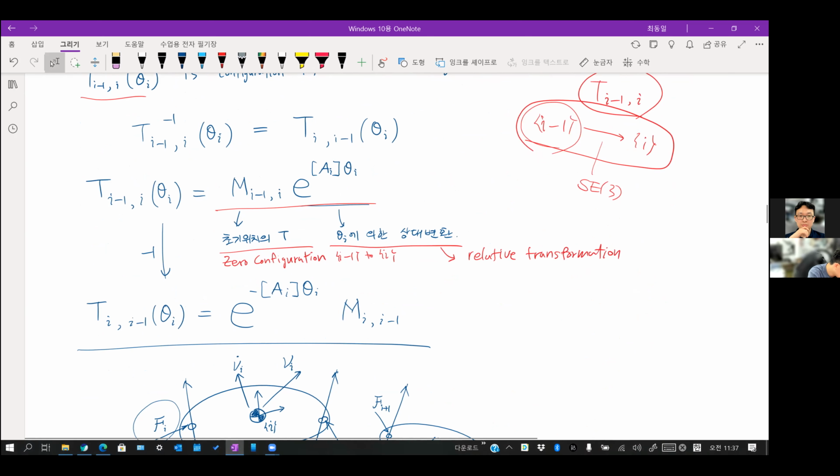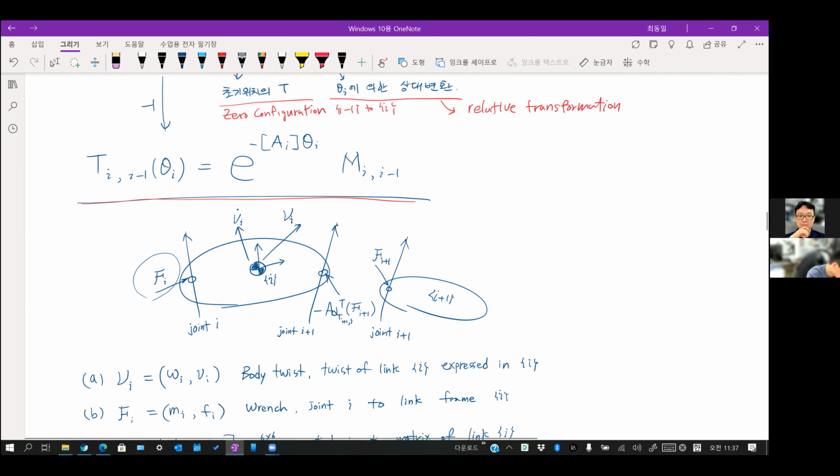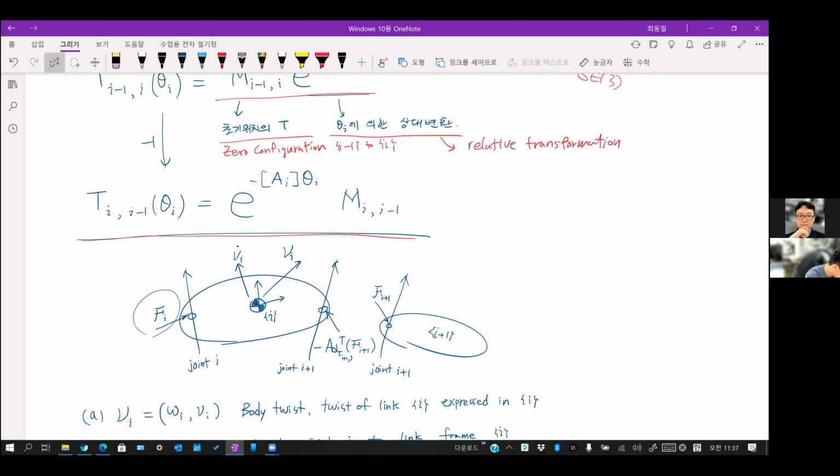So if we take the inverse of this one, then we can use the transposition and the inverse here, and the inverse becomes minus in the exponential coordinate. The reason we use this concept will be explained later. So the basic things are prepared.